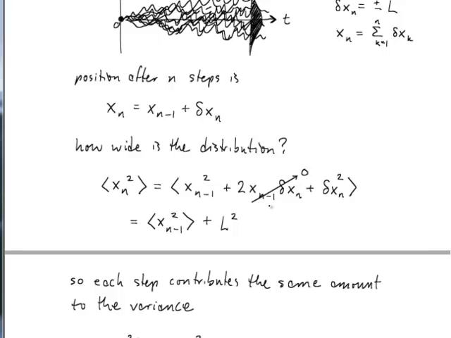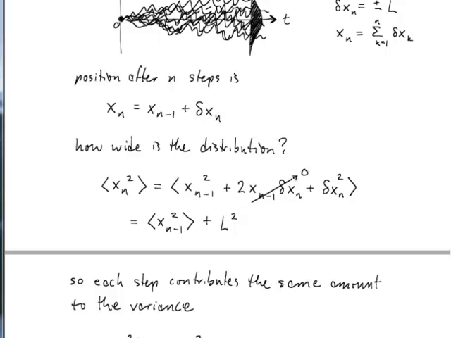I get a cross term that involves xn minus 1 and the random step, and I get the random step squared. Now, this term is clearly L squared. But this term is a random displacement times another random displacement, and there's no correlation between the n minus 1 steps that happened before and the nth step.